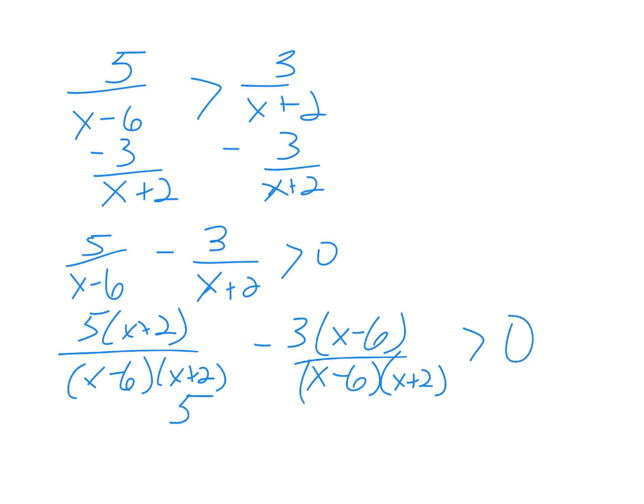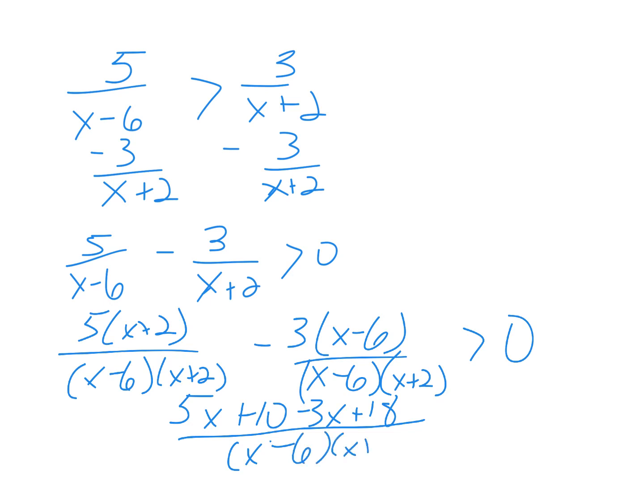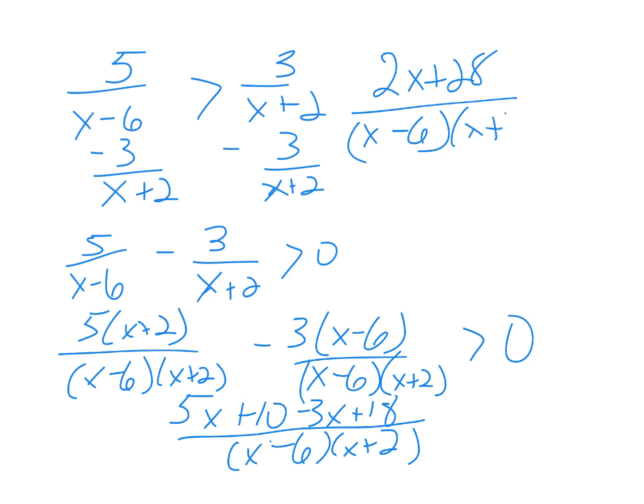Let's FOIL and then combine. So we're going to get 5x plus 10 minus 3x plus 18. Combining like terms, that's going to become 2x plus 28 over x minus 6 times x plus 2 is greater than or equal to 0.